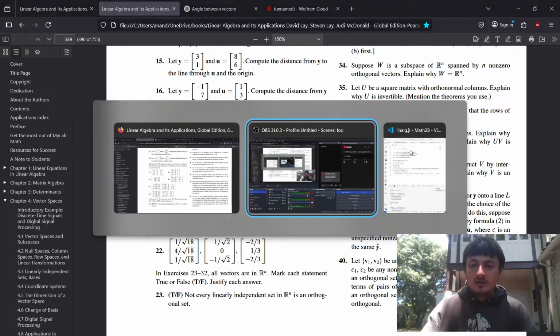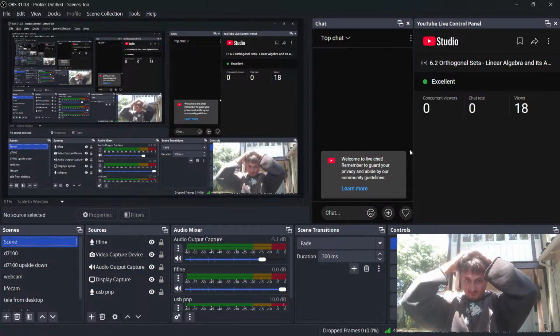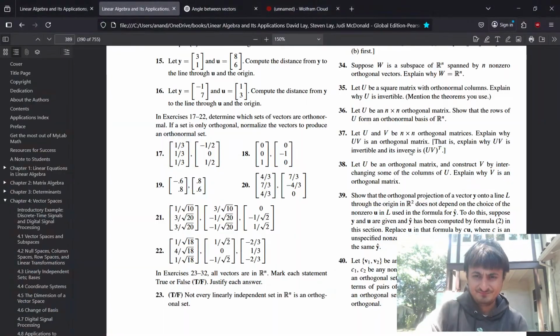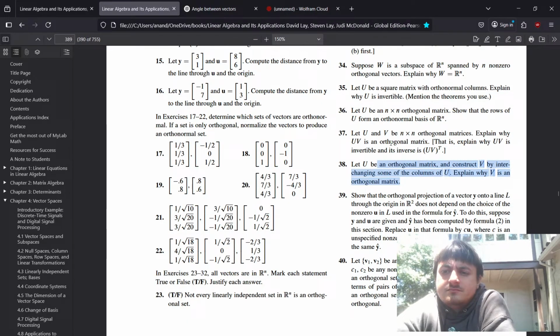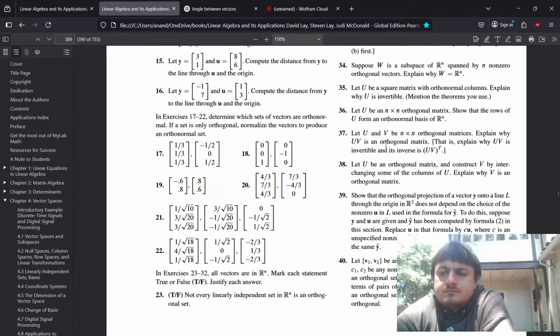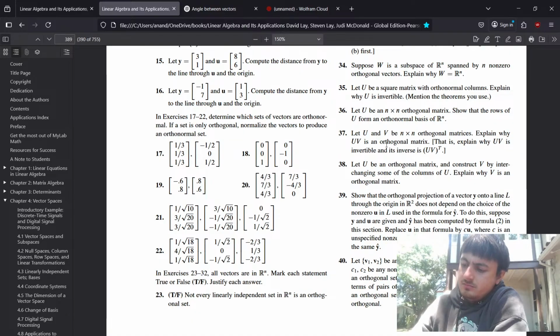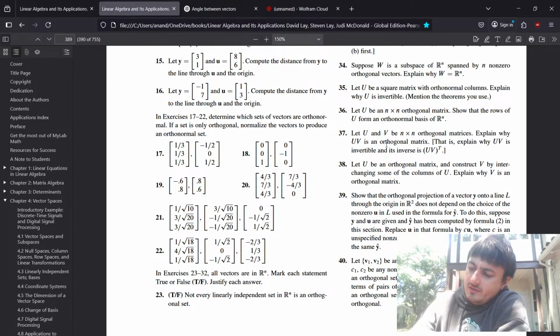Okay, so I'm back. Okay, so what do we know? We know that U transpose equals U inverse, and V transpose equals V inverse.